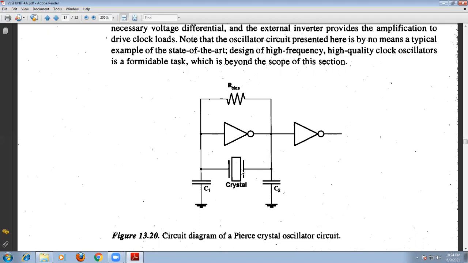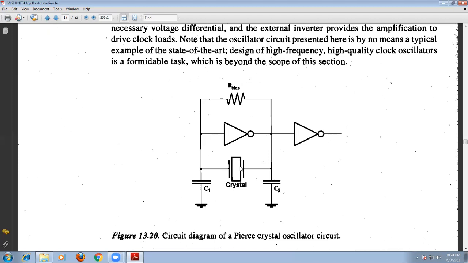The crystal requires a low load impedance across its terminals. Remember, the crystal is nothing but a series resonance circuit.